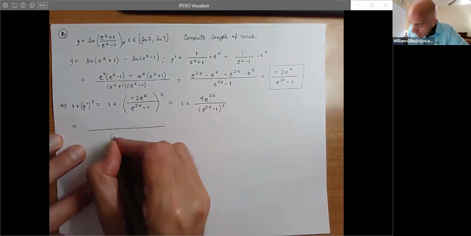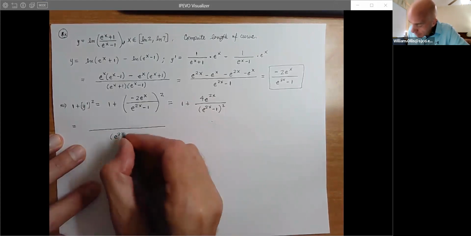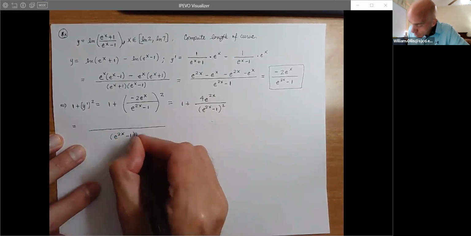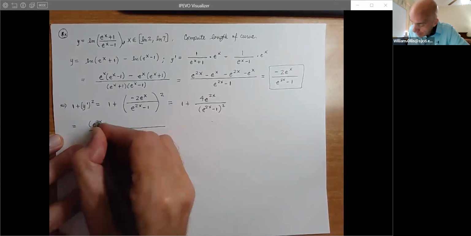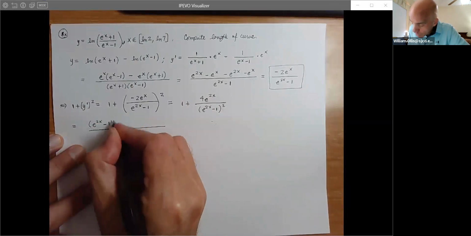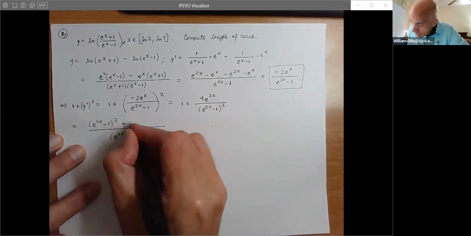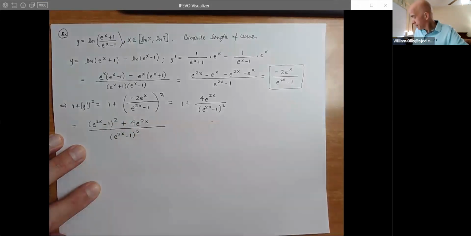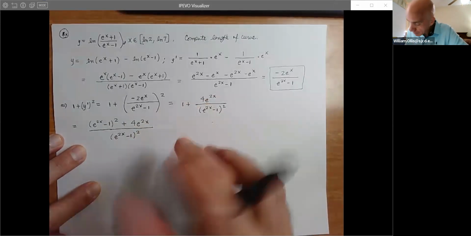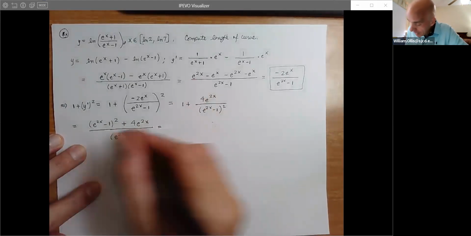So we have e to the 2x minus 1 quantity squared. So that's what we need here, e to the 2x minus 1 quantity squared plus 4e to the 2x. Save a little bit of room here. So now let's expand this.